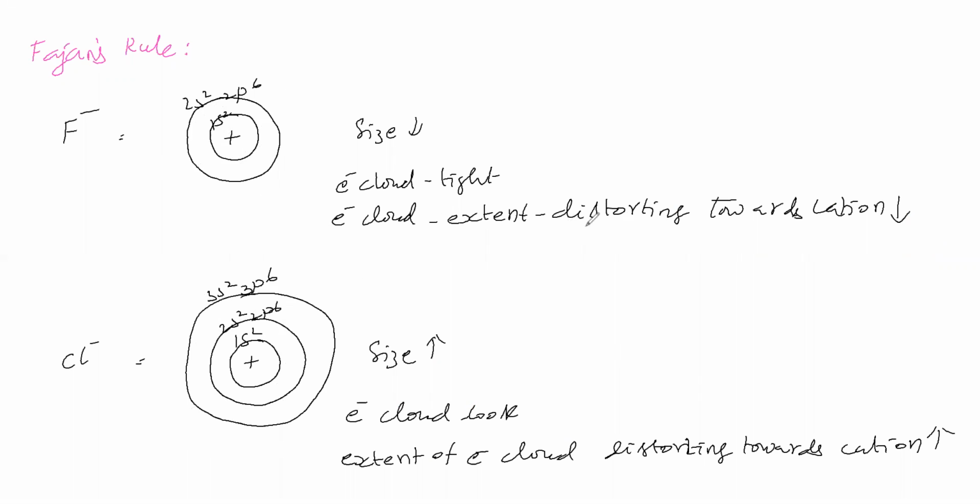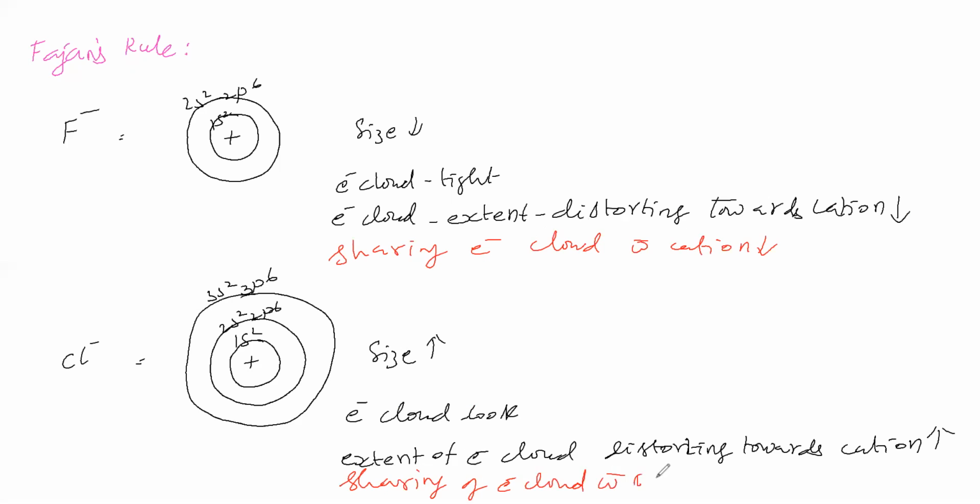Therefore, here the electron cloud distortion is less, so the sharing of electron cloud with the cation is less. Whereas here distortion is more, so the sharing of electron cloud with the cation is high.